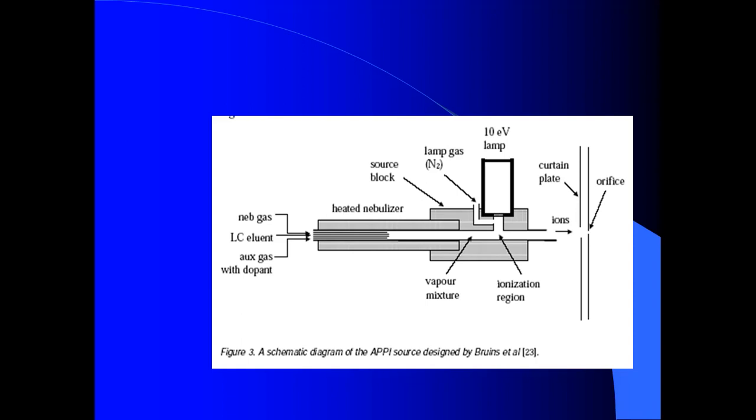Upon vacuum ultraviolet light radiation, the analyte absorbs a photon and gets electronically excited. This is important: if the analyte ionization energy is lower than the photon energy, the analyte ion that was ionized due to the photon may receive a proton from the hydrogen in the solvent to become a protonated cation.